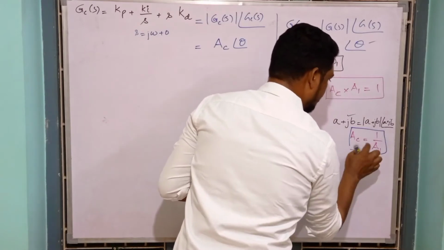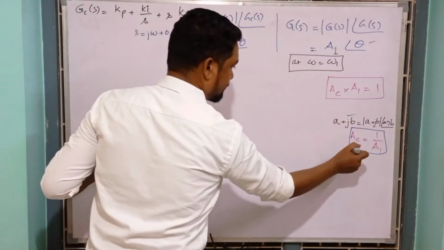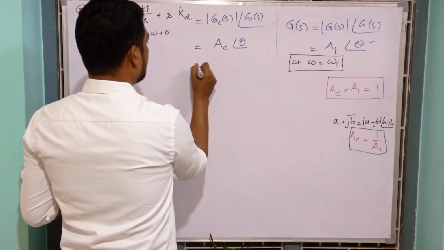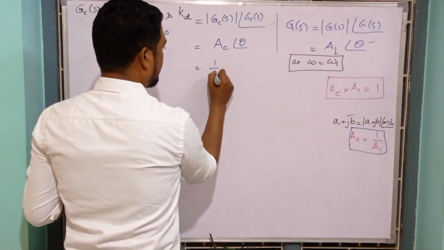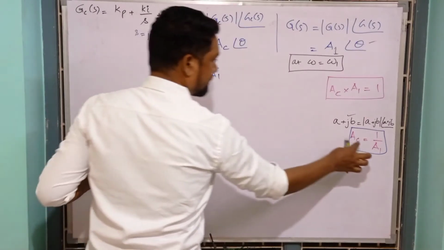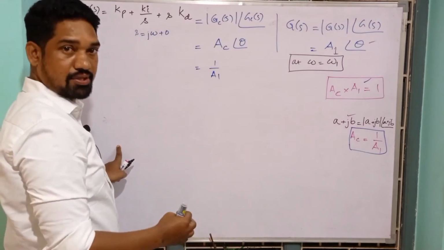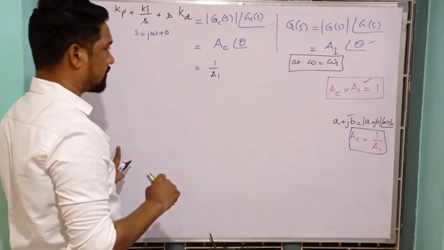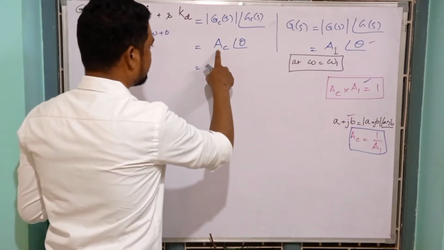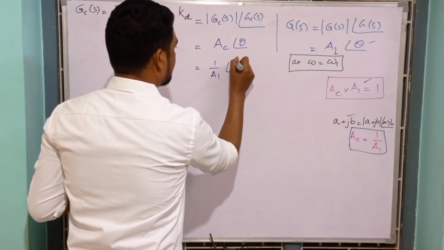Now this ratio could be plugged in over here, the same AC which we are talking about, so that will be 1 by A1. This will be proved, the product AC into A1 equal to unity. So AC is plugged in with 1 by A1, and theta as it is.